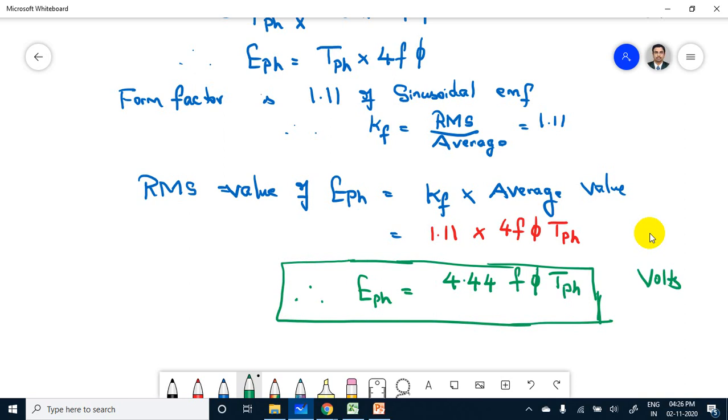This is the EMF equation of induced EMF per phase of alternator. This is one 10-mark question: EMF equation of alternator. Any doubts?